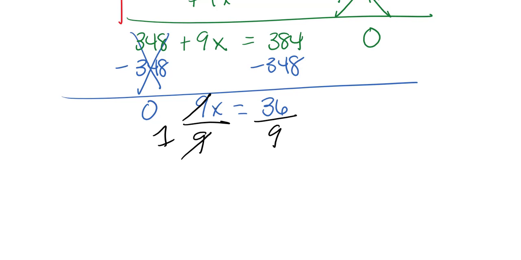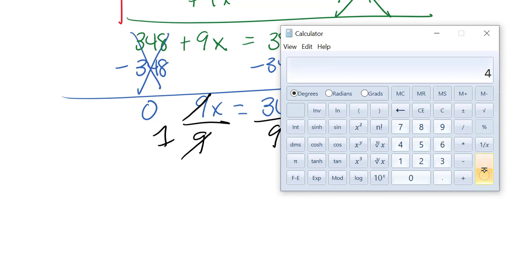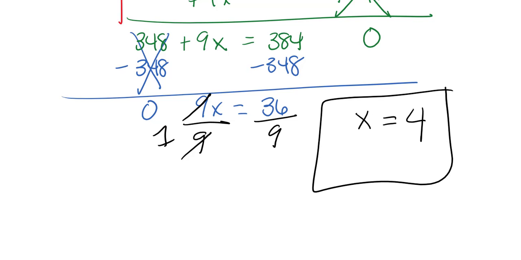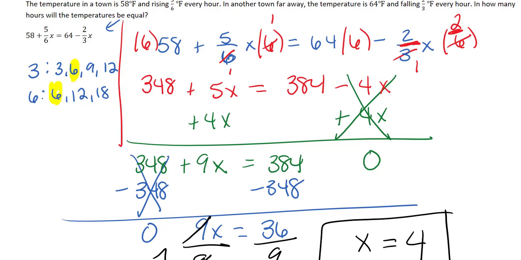So this just becomes 1, so that just becomes x. Then 36 divided by 9 becomes 4. So x becomes 4. So we saw that in 4 hours, these two temperatures will be equal. And we can go ahead and plug that in to make sure that these are indeed equal, and we can figure out what that temperature would be in 4 hours.